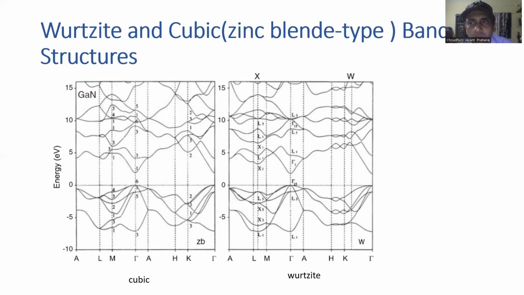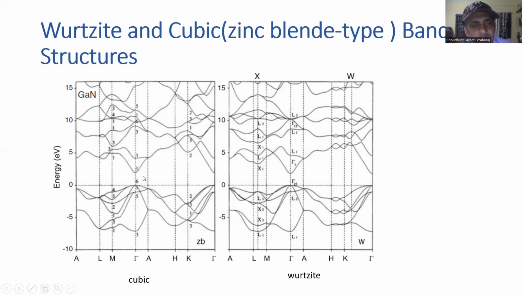But the cubic form can also be attained by careful optimization in some cases. And you can see there is a comparison. There's a lot of similarity, but there are some subtle differences as far as effective masses, band ordering, etc., are concerned in these semiconductors.